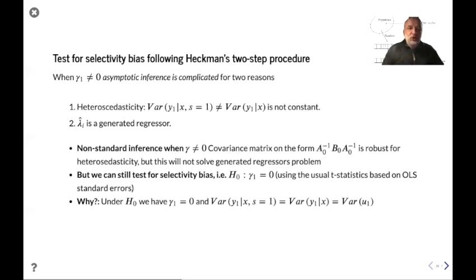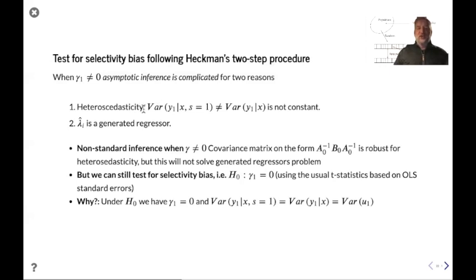First of all, you're going to have heteroscedasticity, in the sense that the conditional variance of y1 given x and selection is different from the conditional variance of y conditional on x and not conditional on selection, and that variance here is not constant, so it depends actually on x. I'm not going to show this. I think it's going to take us too far, but I'm going to give an intuitive argument for an example in just a second. That's the first problem.